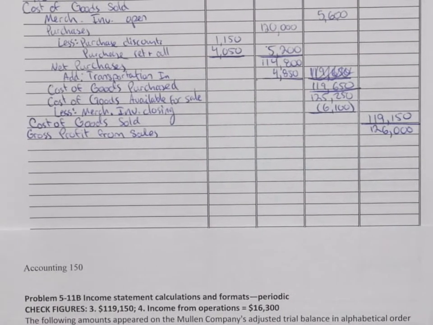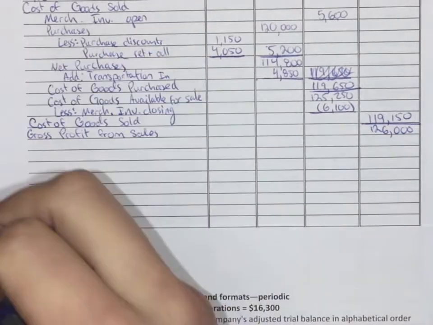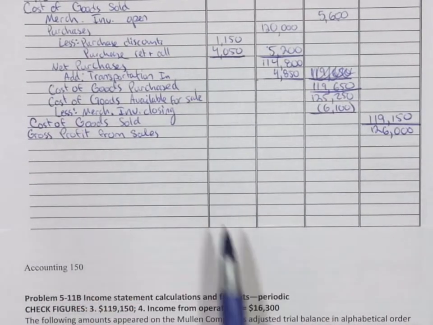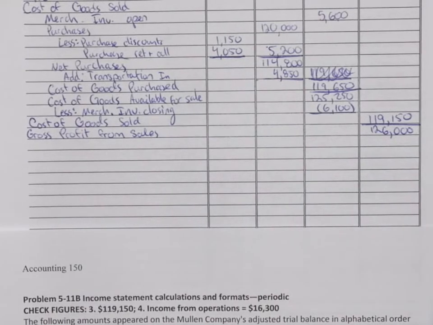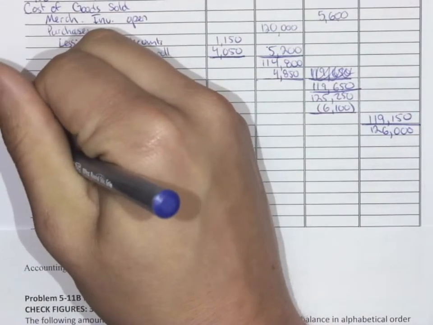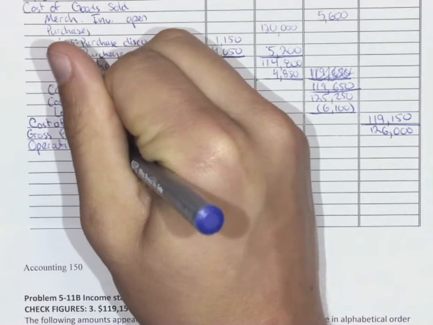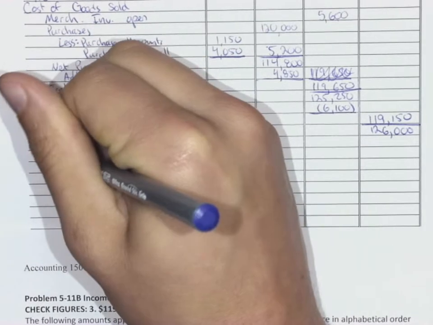So we have our gross profit from sales. Now we have to go to our operating expenses and our other income, which is always going to be the same, whether it's periodic or perpetual. So our operating expenses, starting with our selling expenses.